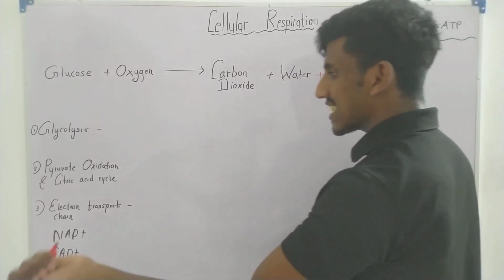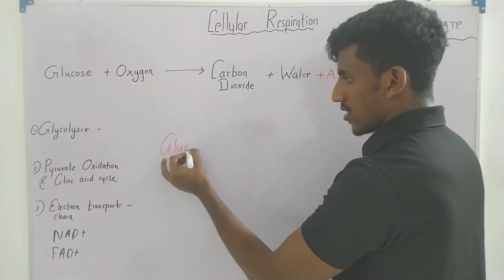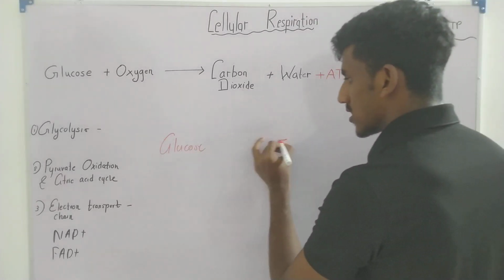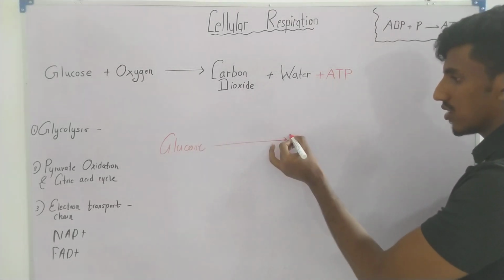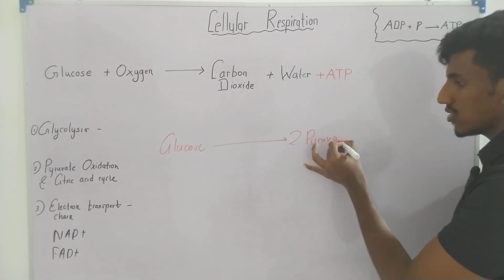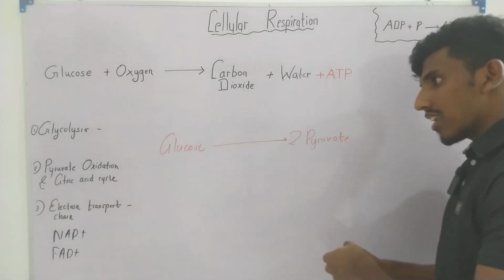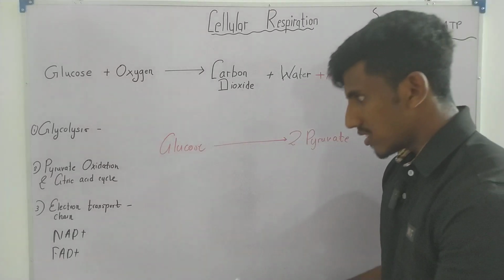First, we have a 6 carbon molecule which is glucose. During glycolysis, this glucose is broken down into 3 carbon molecules called pyruvate. So we produce 2 three-carbon molecules. As I told earlier, for all the reactions ATP is used.